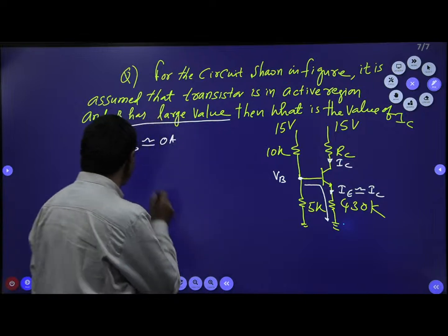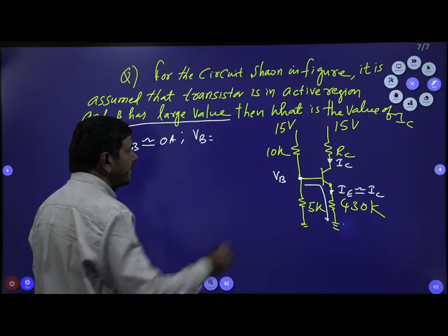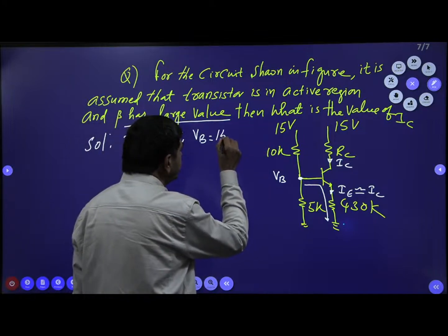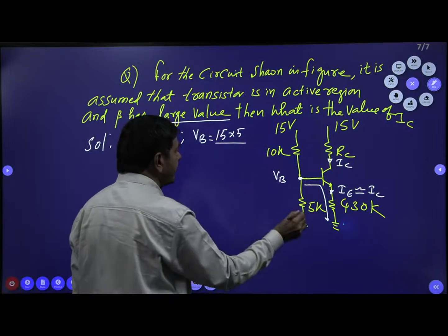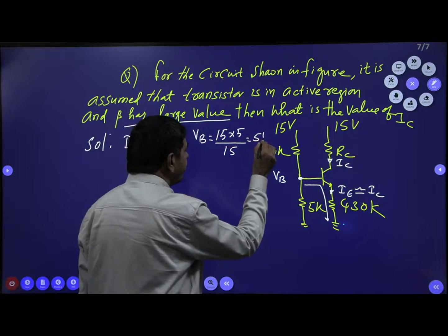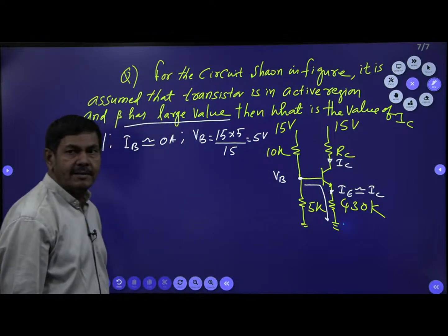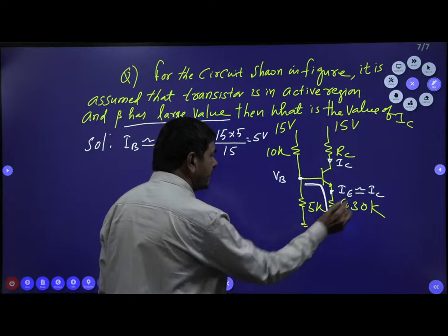So VB is nothing but 15 into 5K by 10 plus 5K, that is 15 into 5 by 15. 15 cancels, finally I am getting 5 volts here. After getting this 5 volts, I can apply KVL in this direction to find IC.